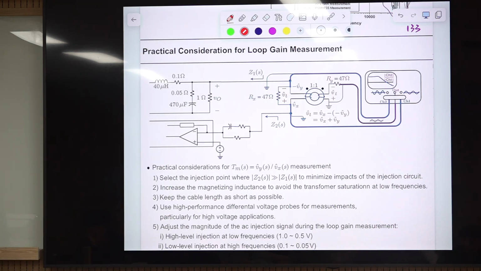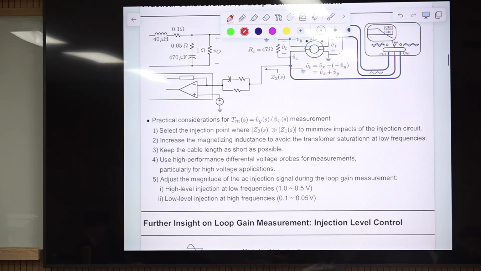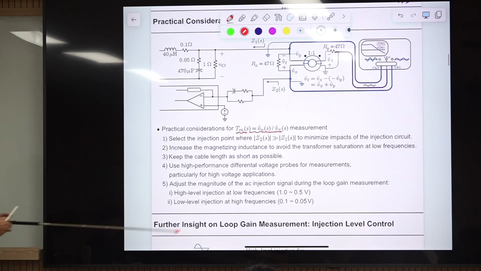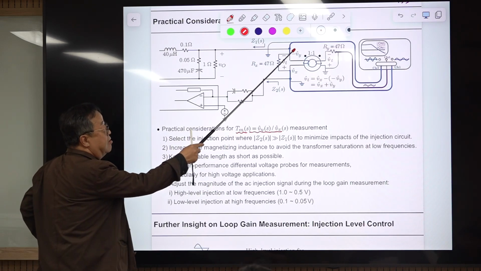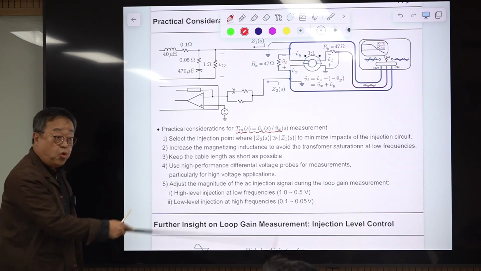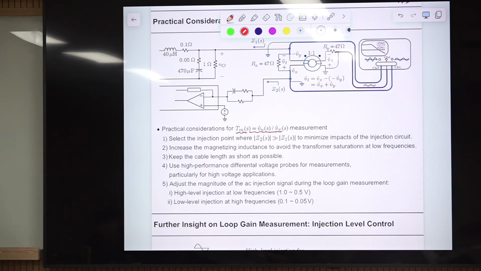This is engineering technique. Here, you are measuring the ratio between this and this with something in between. So this is a pseudo loop gain. It's not a real loop gain.